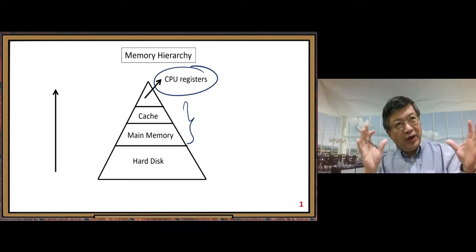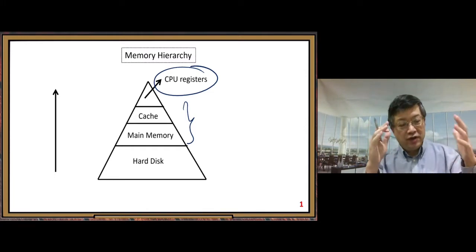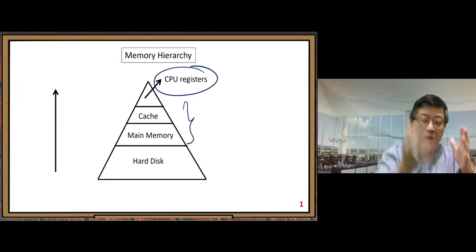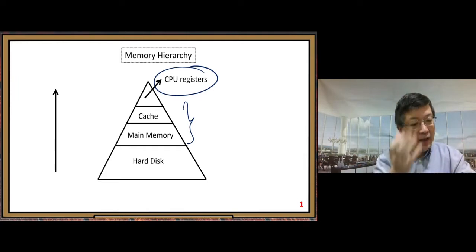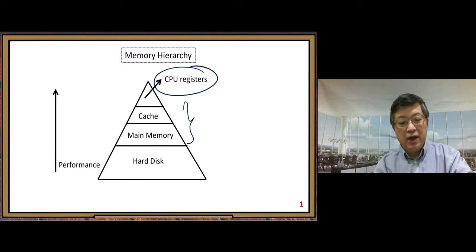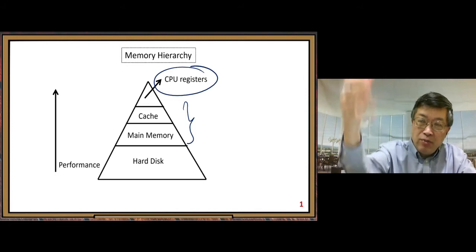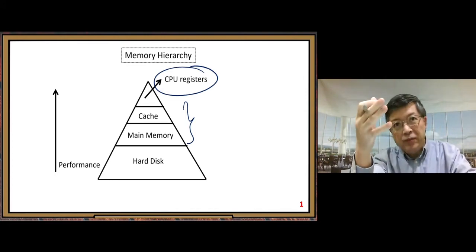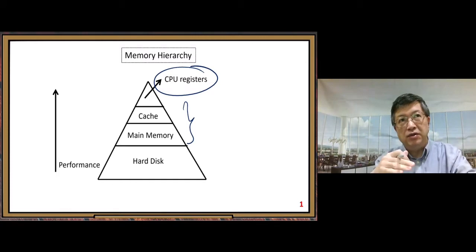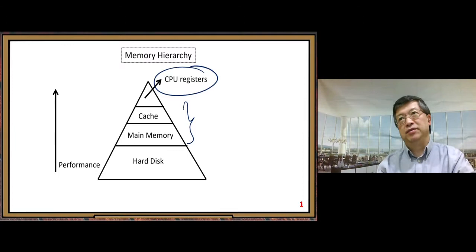First, we want to look at the relationship among these levels. We draw a bottom up arrow, and this arrow represents one property. That is performance, the data fetching performance. When you fetch data in these 4 different levels, the time used will be different.